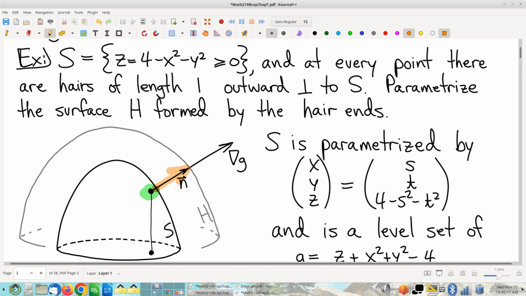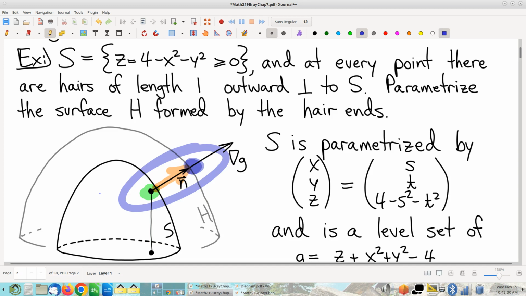And a point on my target surface is just going to be green plus orange. That's the big strategy. Does everybody see how that is going to work?